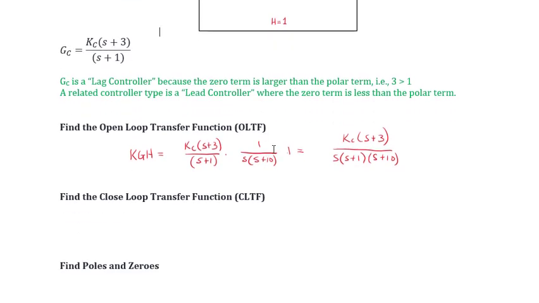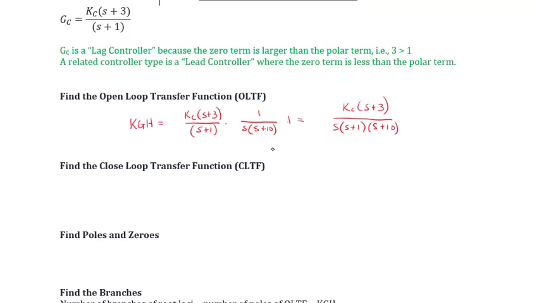Now I'll do the closed loop transfer function, and that's going to, of course, be C over R, the output over the input. That's going to be K sub C times S plus 3 over S times S plus 1 times S plus 10, plus K sub C times S plus 3.